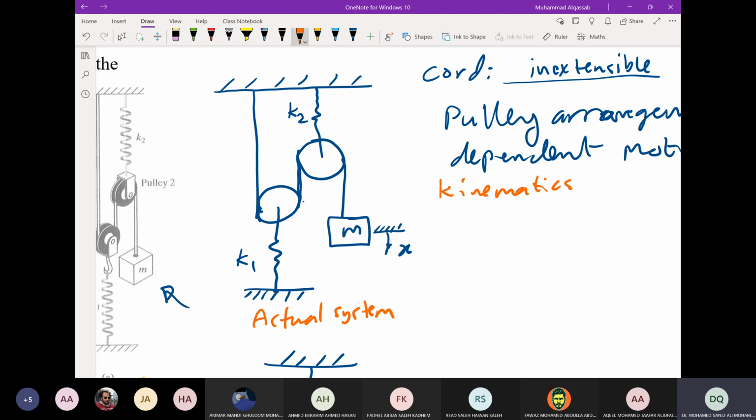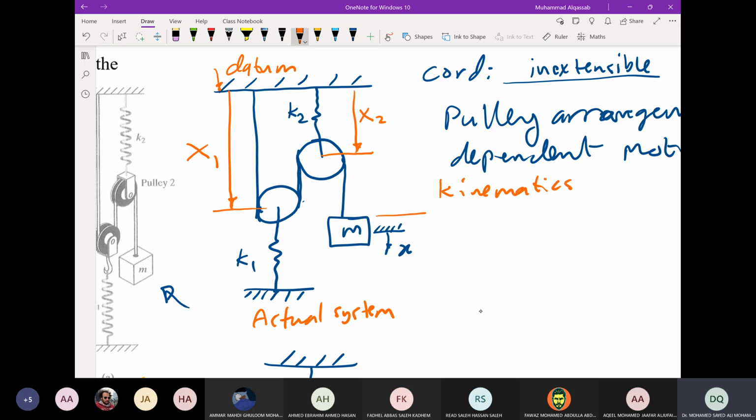I'm going to give the position of pulley 1 from this datum, from where I measure the position of the pulleys and the mass. I'm going to call this x1. And the position of pulley 2 from the same datum is x2.